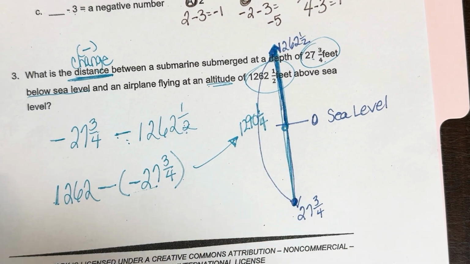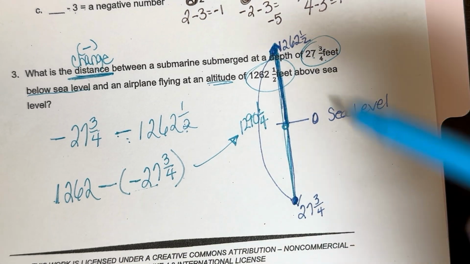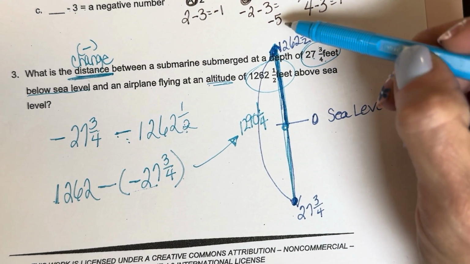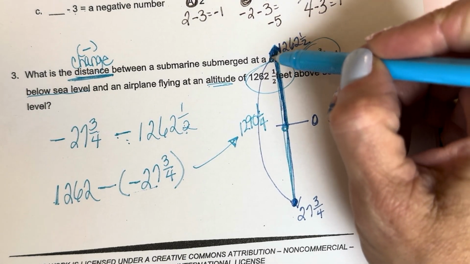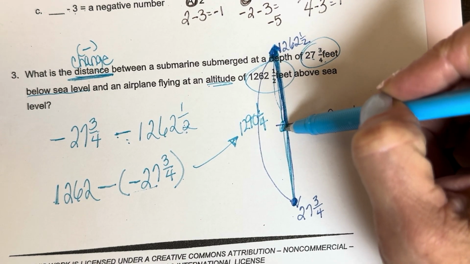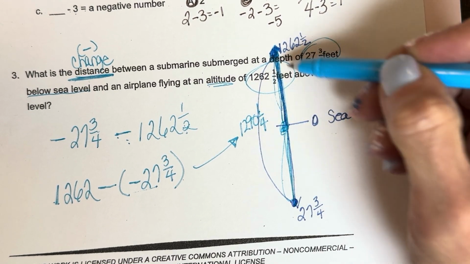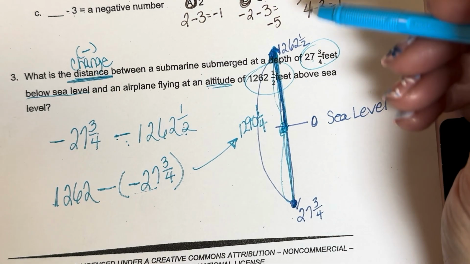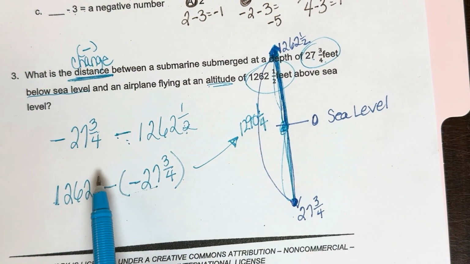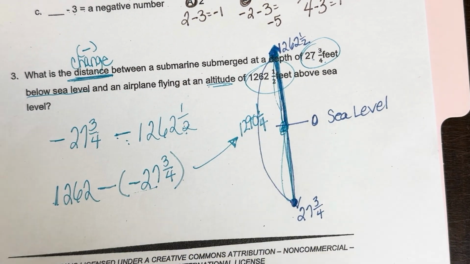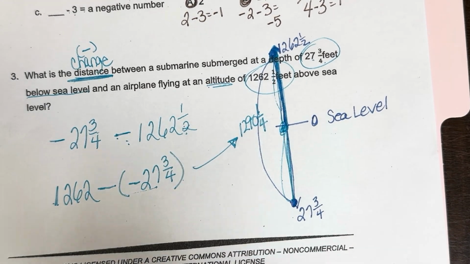The way I check myself on stuff like that is I'll draw a little picture like this. If we're talking about distance, we're just talking about from here to here and then from here to here. So sketch out a picture and check yourself so that you can make sure that distance is always going to be absolute value.